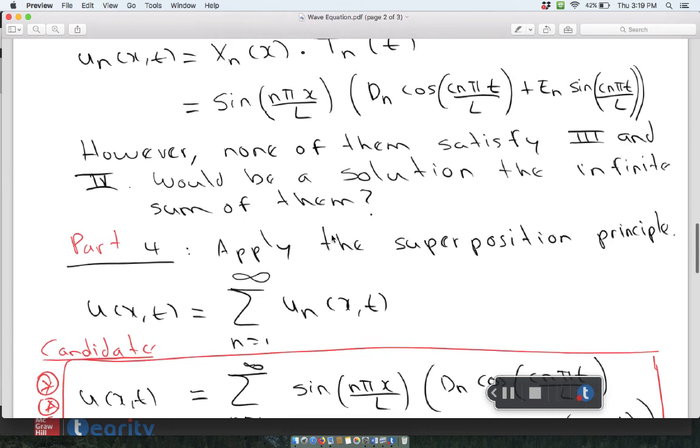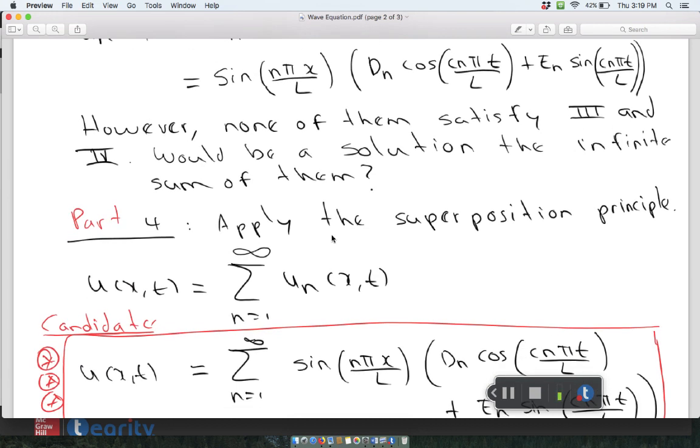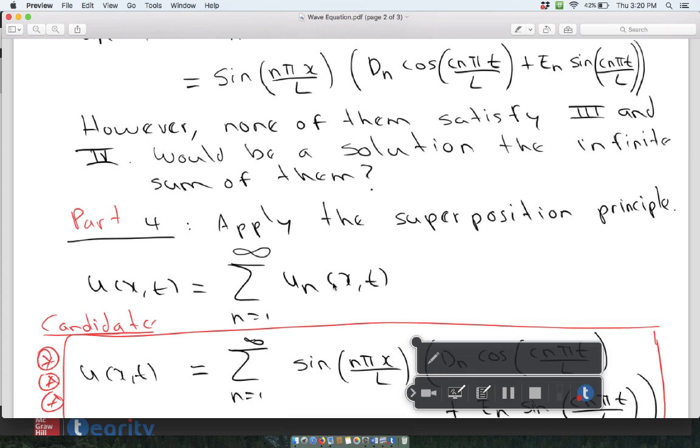For part 4, what we know is that if we use the superposition principle, instead of infinity, if I have a finite sum until n, then a finite sum like this, by the superposition principle, will satisfy the wave equation and conditions 1, 2, and 3.